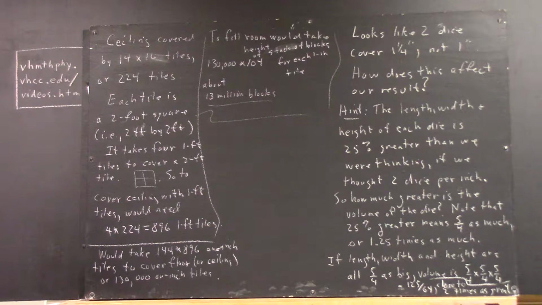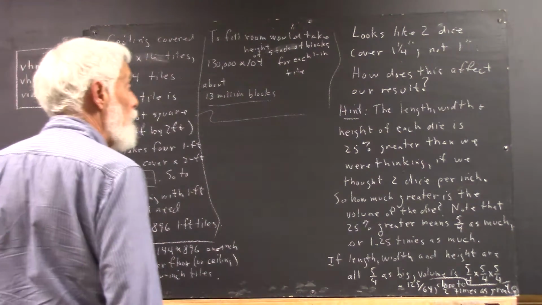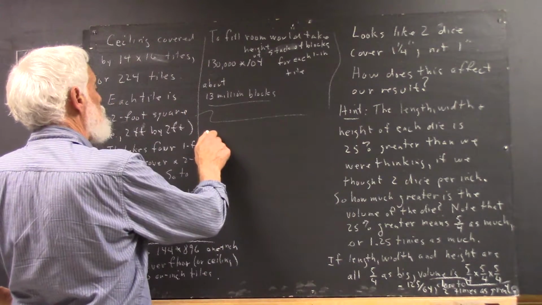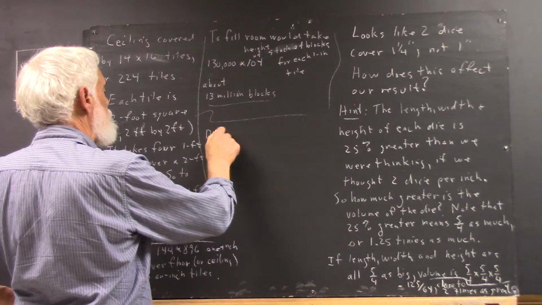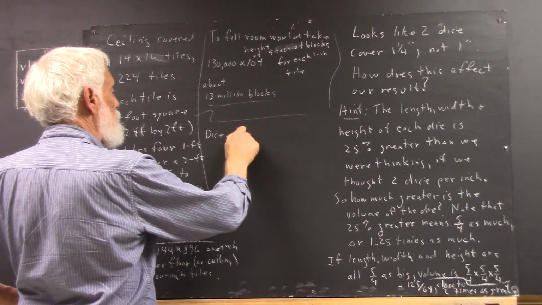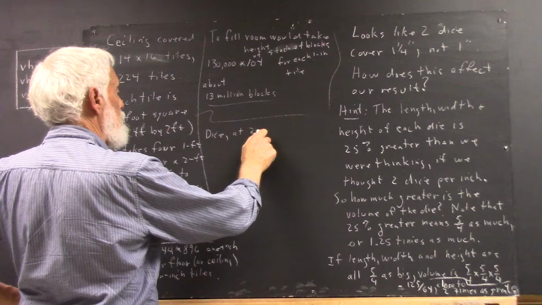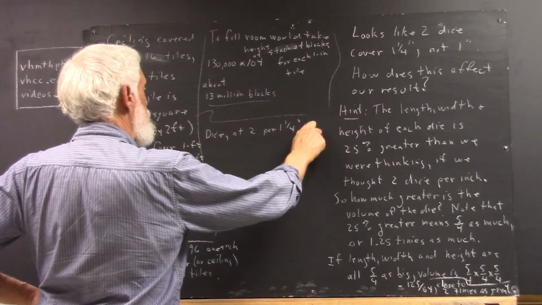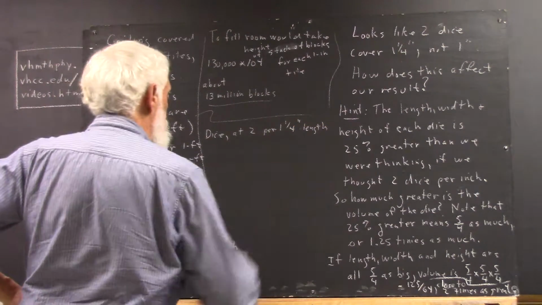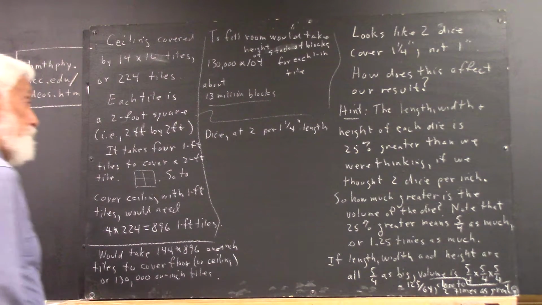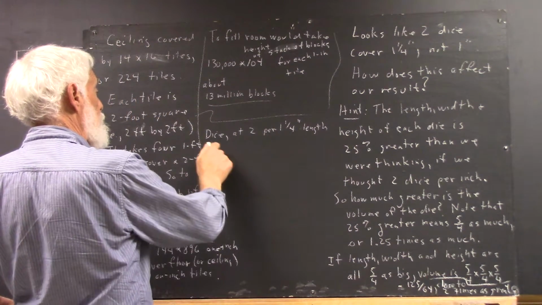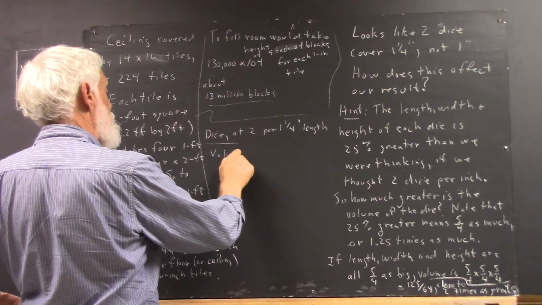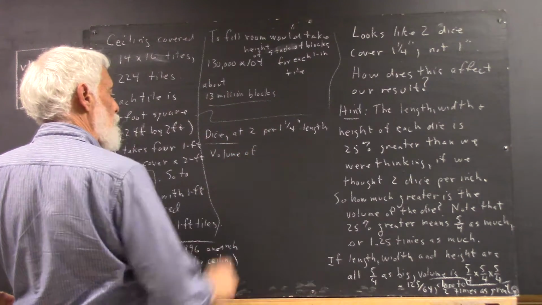Now, if we had these dice, at 2 per 1¼ inch length, I'm going to figure it out this way.